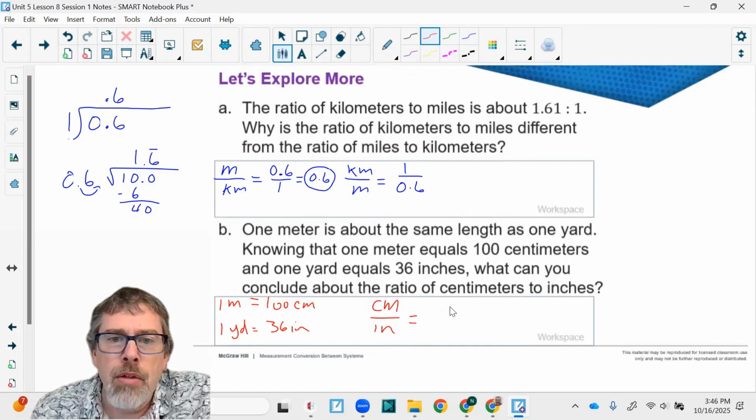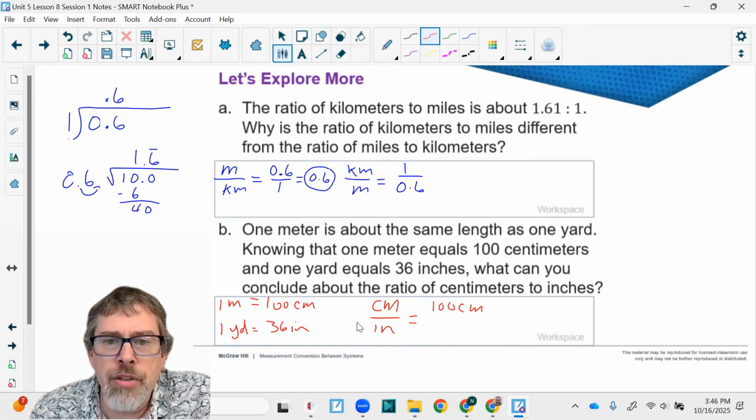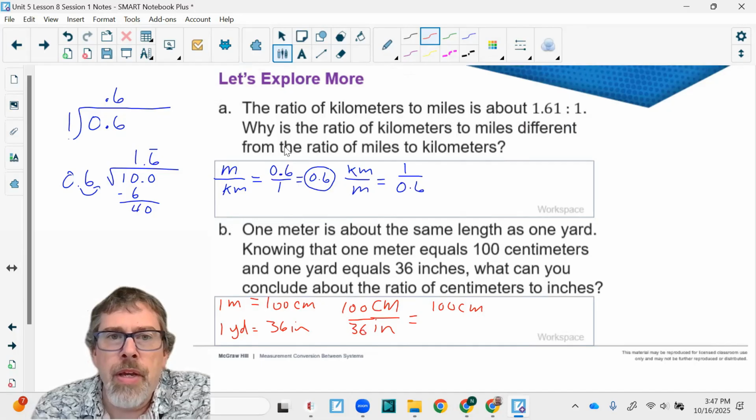Okay. So 100 centimeters. So if 1 meter is to 1 yard, as 100 centimeters is to 36 inches. So that's what we could put here. So 100 centimeters is to 36 inches. Okay.